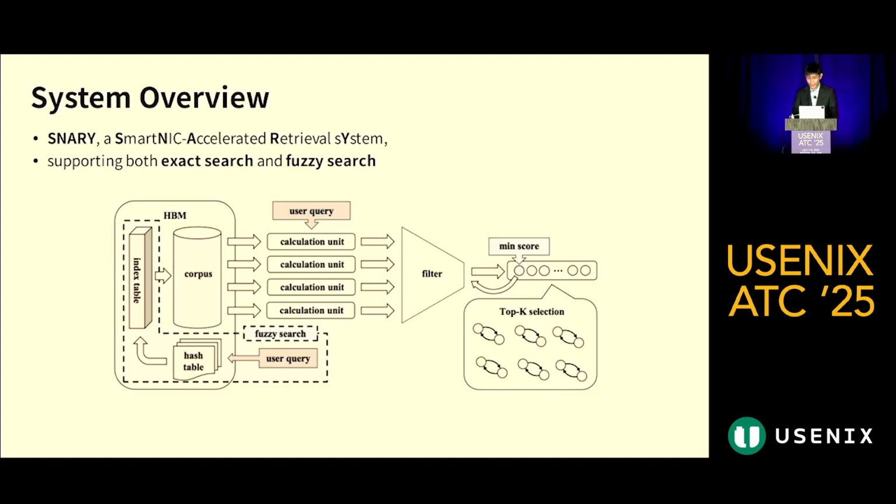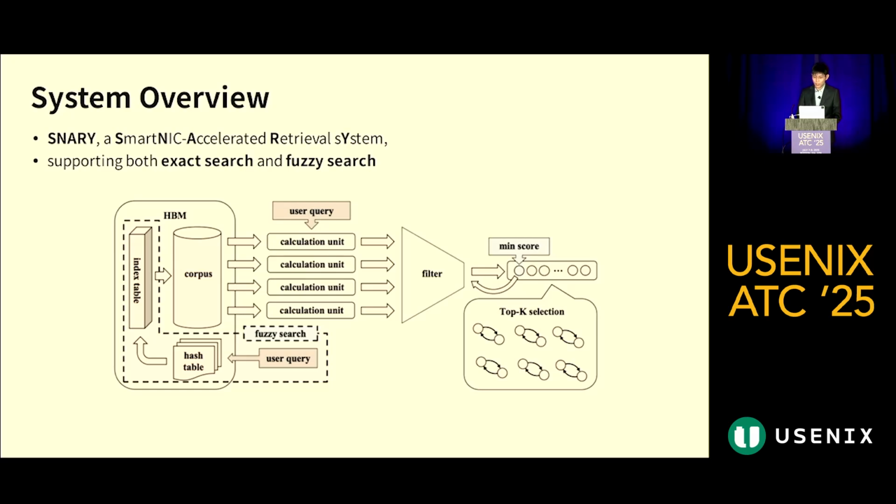Now, let's look at SNARY's architecture. The high bandwidth memory stores the corpus and the information for fuzzy search. Parallel calculation units compute the similarity, and their throughput is matched to corpus access. There's a filter that balances the throughput between the calculation and top K operation.